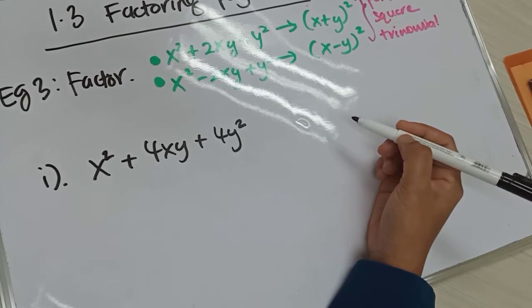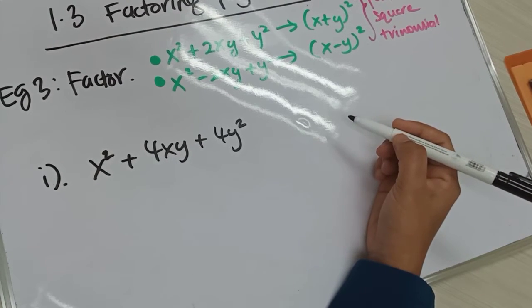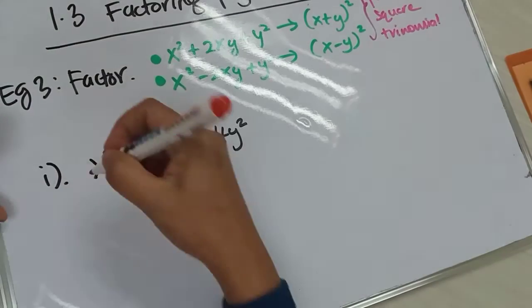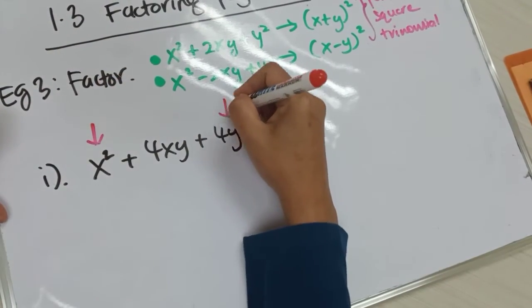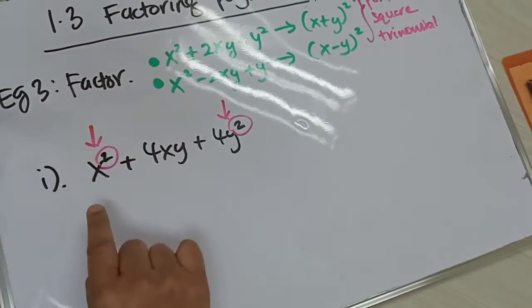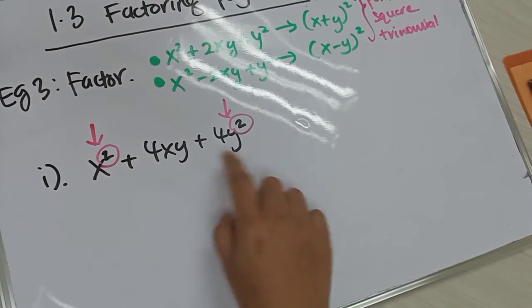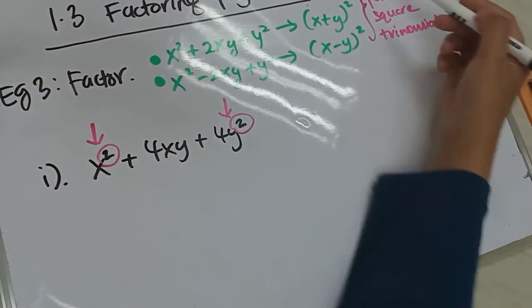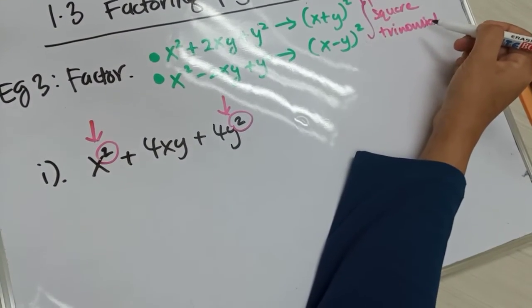So you have to look at the hint: the first term and the third term are squares. When you see this kind of pattern, we know that we have to apply perfect square trinomial.